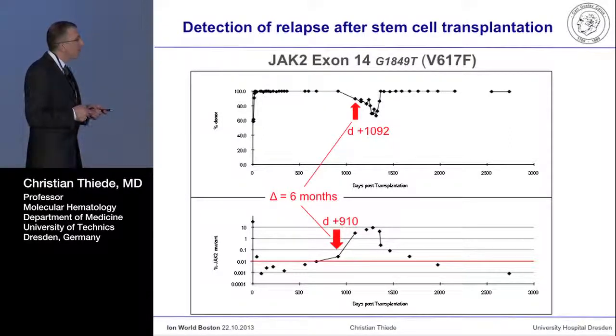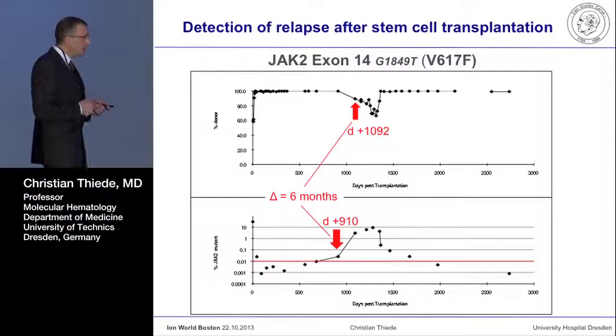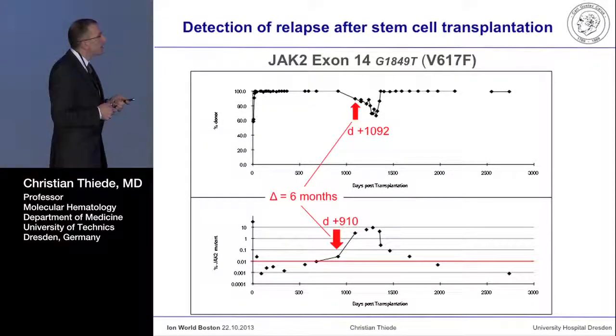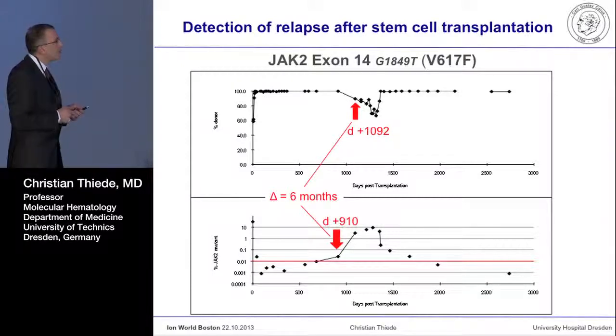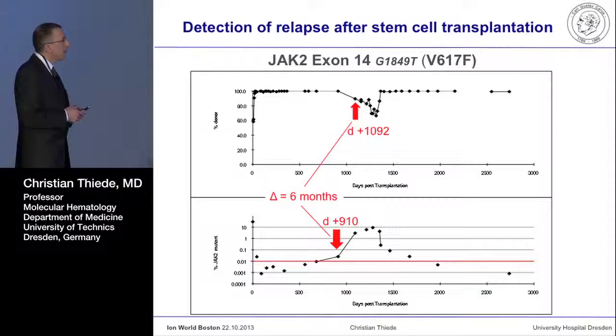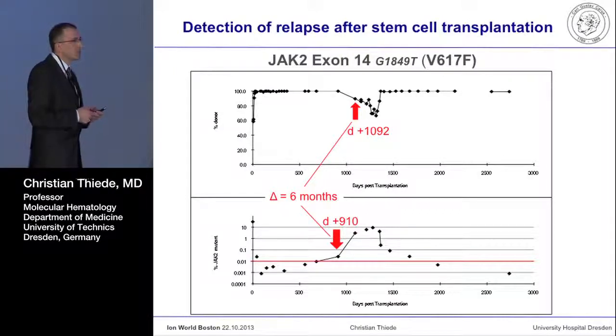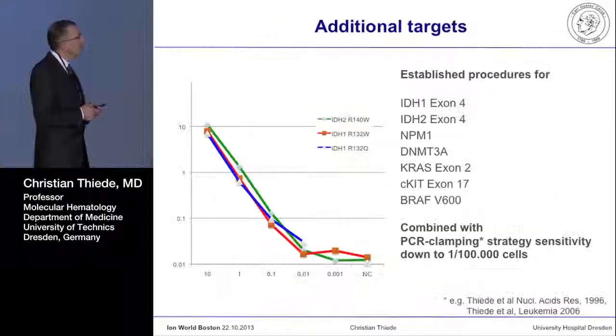As I told you, the background which we observed is 0.01%. And we could see that the increase over this cutoff is about 6 months earlier than this method which is currently used in the majority of the patients. So you're gaining a lot of time which could be used for intervention, for example, using donor lymphocyte infusion.